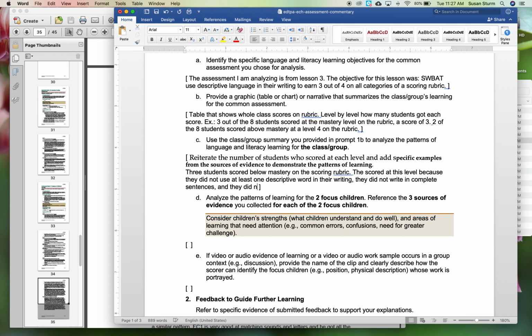And they did not include an illustration. So these are bad examples, but make this align to what your scoring rubric said. So they scored at this level because they did not use at least one descriptive word. So these would be the things that describe a level 1 on your scoring rubric.